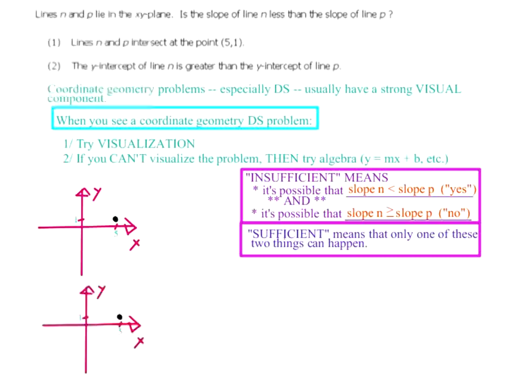So here are 2 different axes, one for the yes, one for the no. So for slope n less than slope p, let's say that this is line n. Okay, let's just make line n do like that. And then let's let line p go like that.